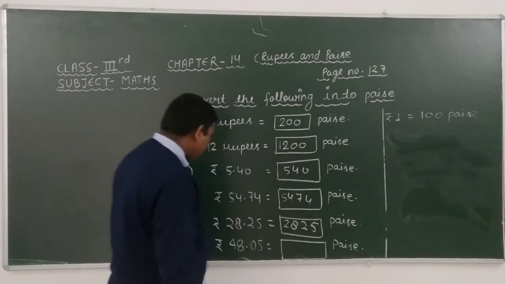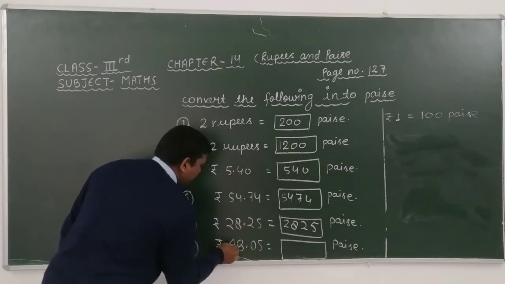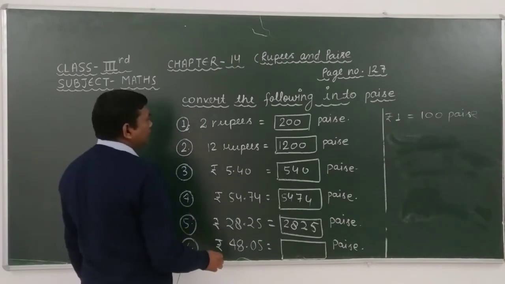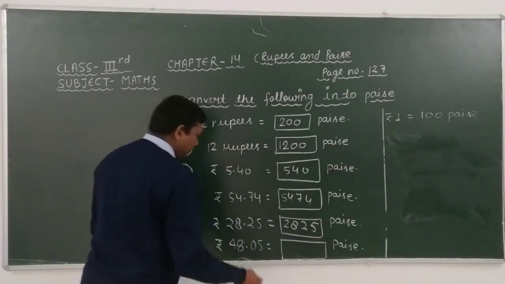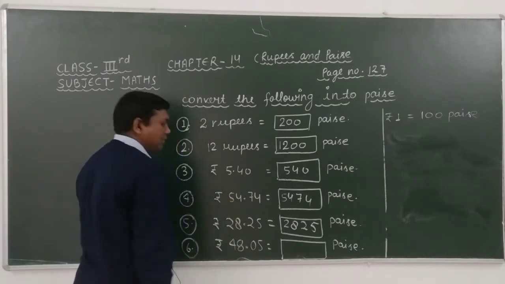Similarly we can write rupees 48.05 is equal to, if we have to convert the given rupees into paise, then we have to remove only this decimal point.